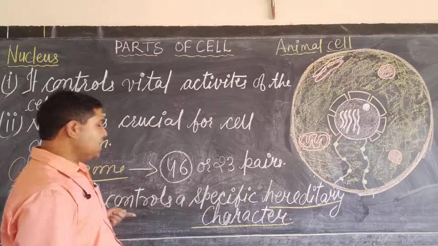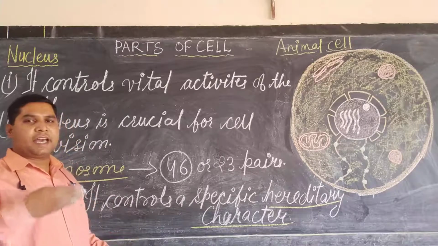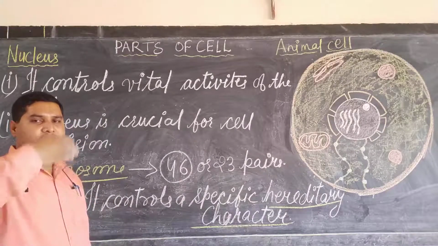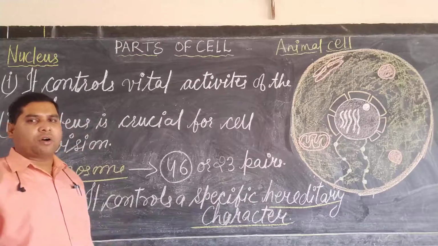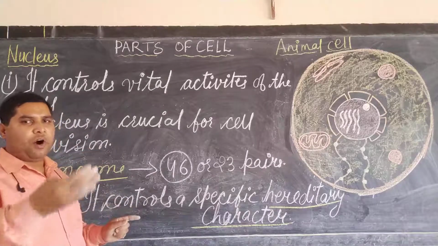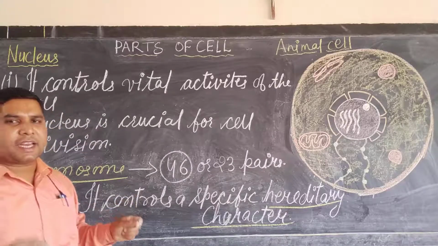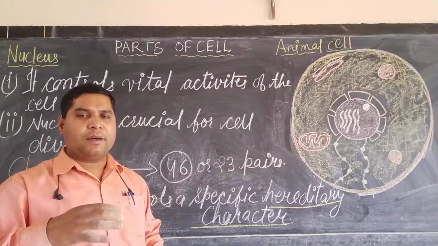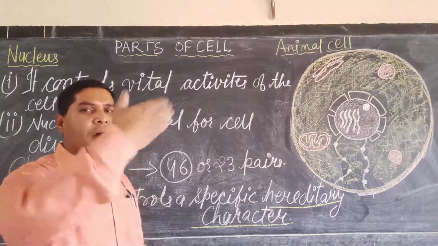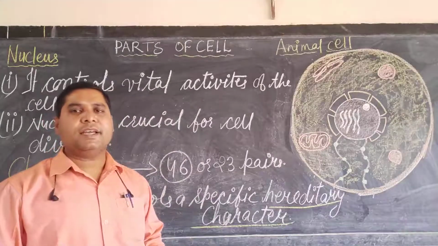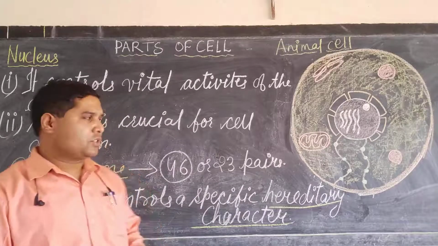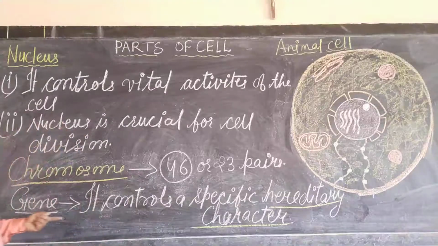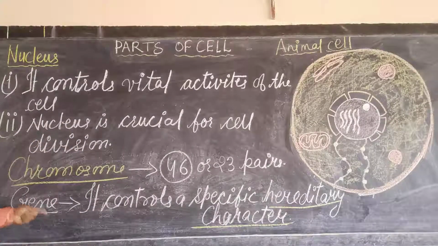Means the gene carries the hereditary character from one generation to another, or from the parent to the offspring. What do you mean by the hereditary character? Characters of the parents are passed on to their children. So it is controlled by the gene, dear student.